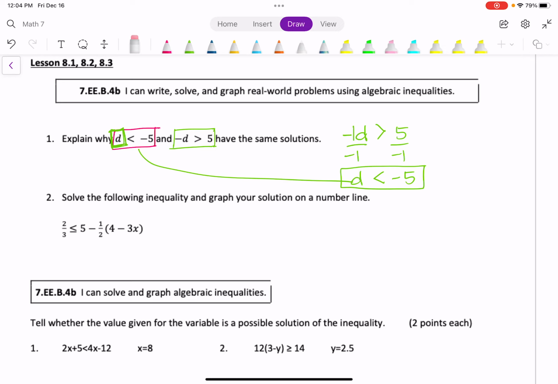Number 2, I have to do my multiplication first. I'm doing -1/2 times 4. -1/2 times 4. Negative 1/2 times negative 3x.